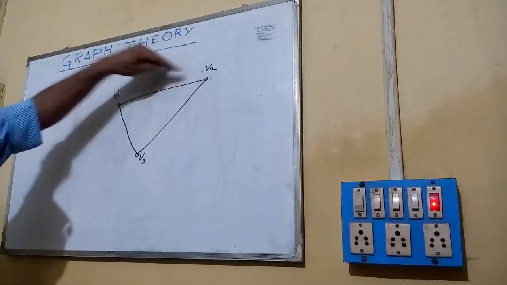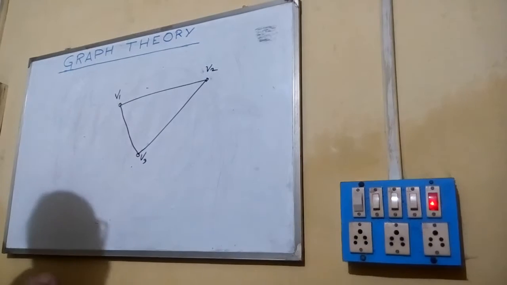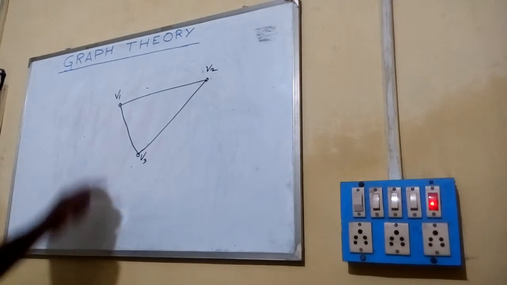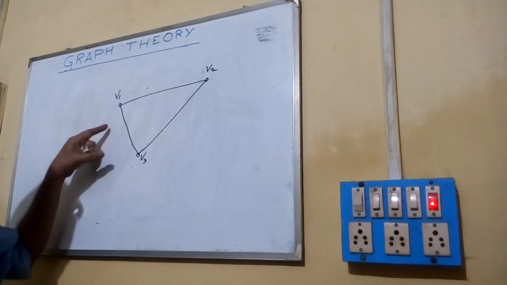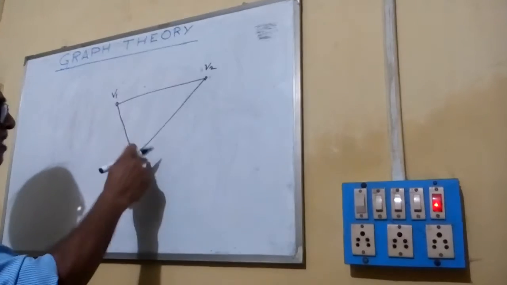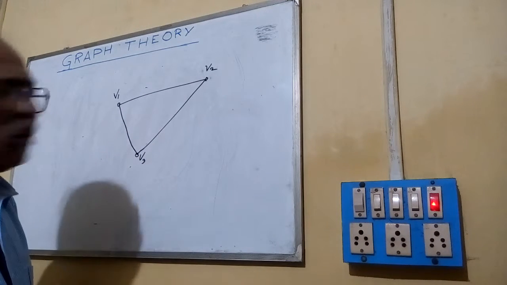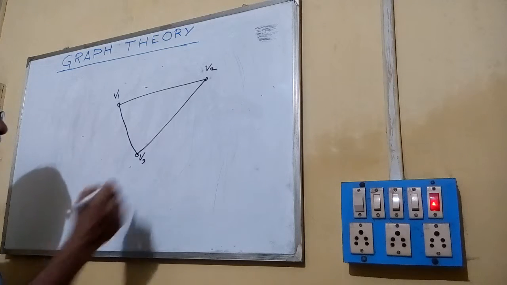Between V1 and V2 there is an edge, so V1 and V2 are called adjacent vertices. Between V1 and V3 there is an edge, so V1 and V3 are called adjacent vertices. Between V2 and V3 there is an edge, so V2 and V3 are also called adjacent vertices.